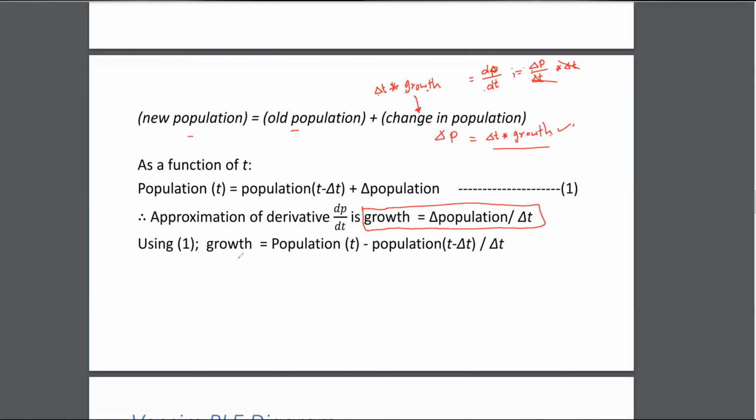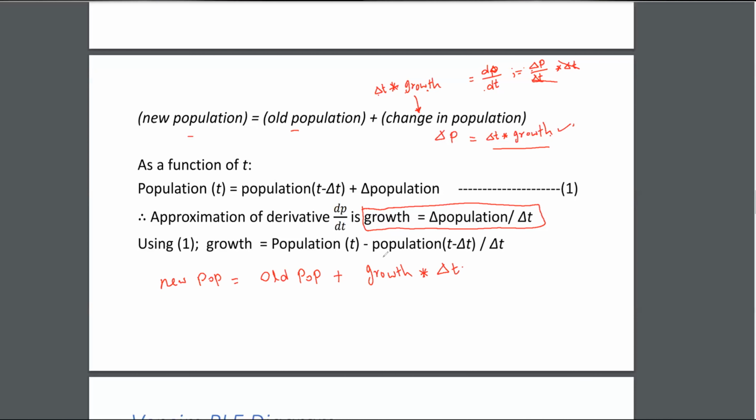So I can write my equation as new population is equal to old population plus, instead of a change of this, I write growth multiplied by delta t.